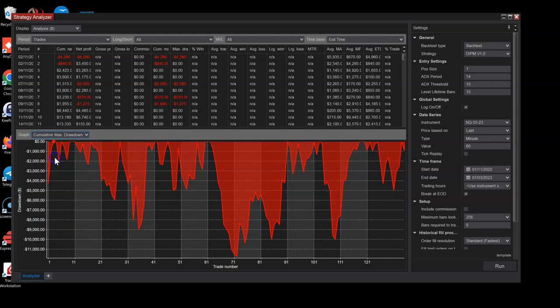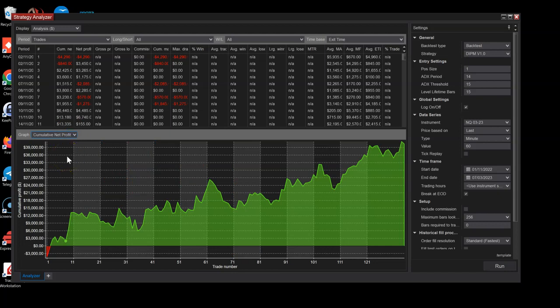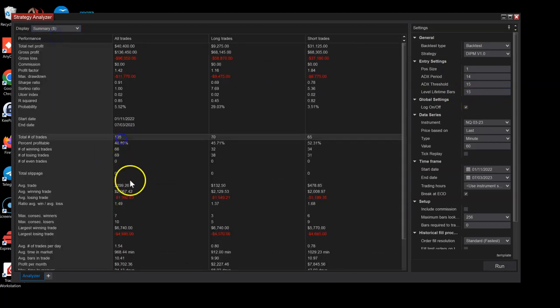Well, I would say maybe the drawdown is quite big, okay? But it's just out of the box, right? I did not really even optimize anything. You can play around with this. You can play around with how many trades you want to get. So this actually goes with quite a few trades. I think this is over, yeah, that's 135 trades, okay?